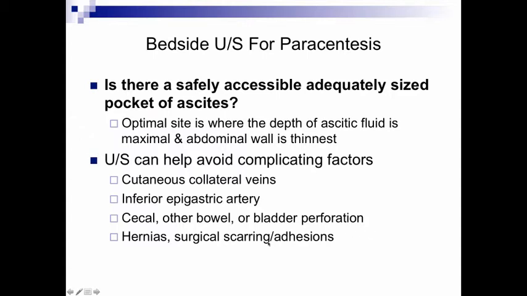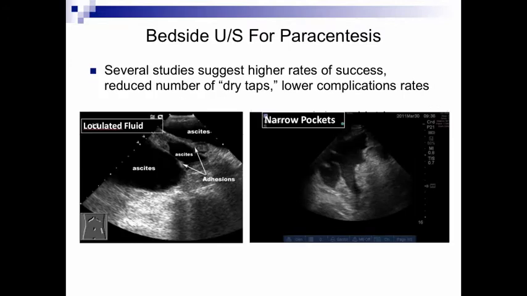And of course, ultrasound pre-scanning your intended site on the abdomen may help you avoid hernias or surgical scarring and adhesions. So things that can make paracentesis challenging are loculated collections of ascitic fluid, as well as narrow or small pockets of ascitic fluid.